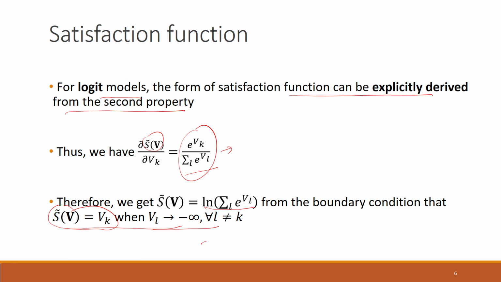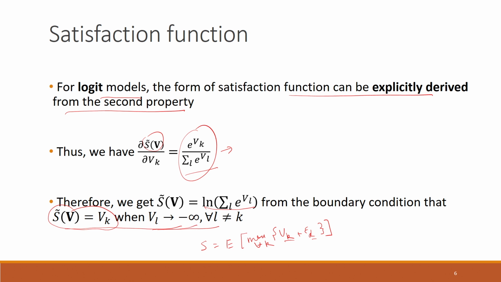this satisfaction function is the expected value of the max of Vk plus this error term, you can understand that the max value will correspond to the kth alternative, Vk plus Ek, because for all the other alternatives the systematic utilities are going to minus infinity.